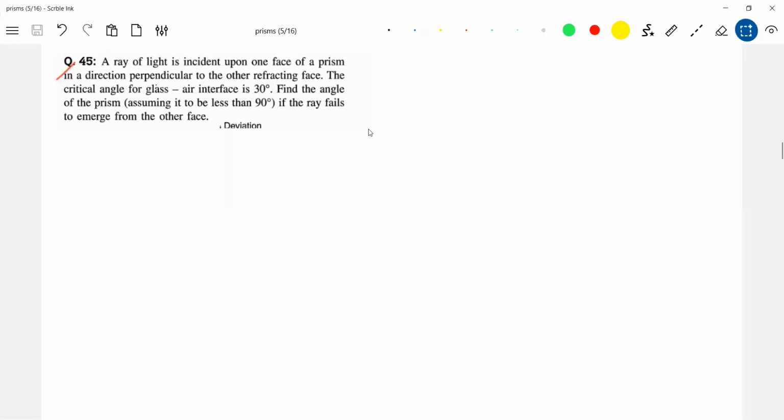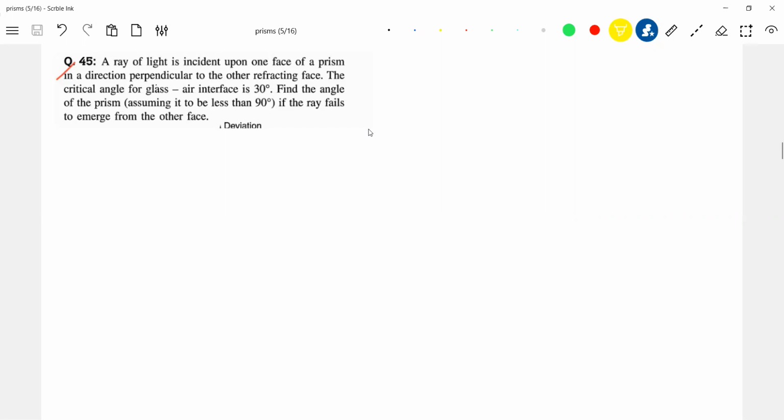Read the question number 45. In a direction perpendicular to the other refracting face.